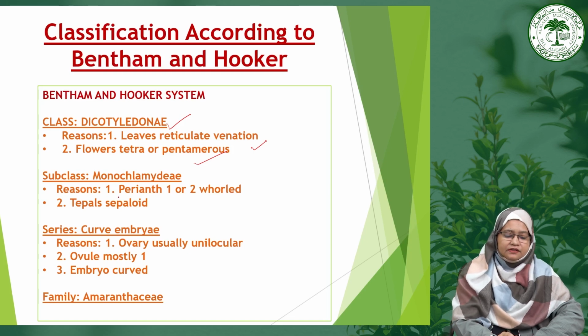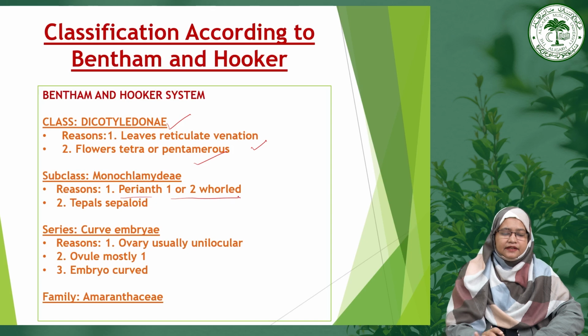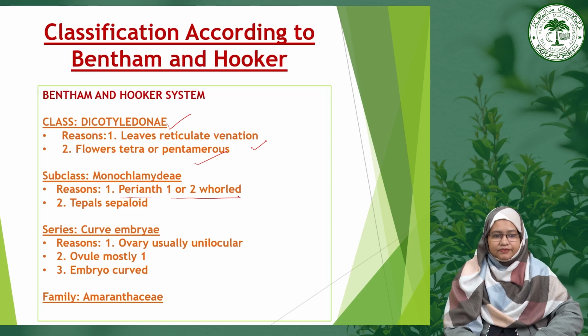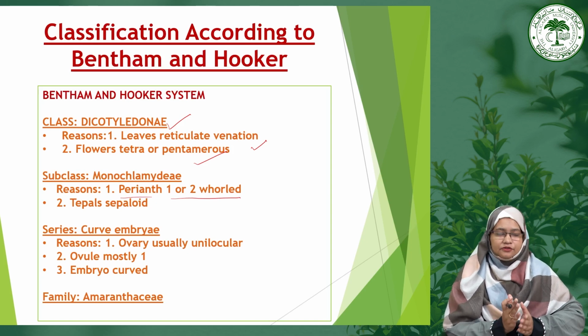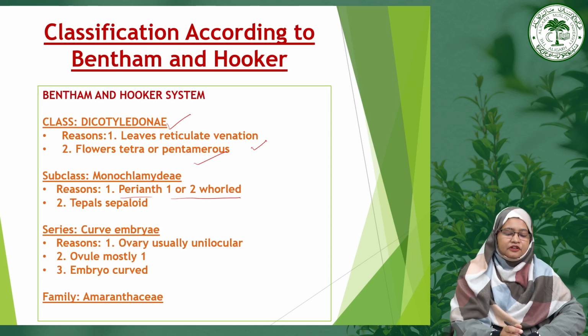Monochlamydeae means the perianth is arranged in either one or two whorls. As you know, in the Bentham and Hooker system of classification that you have already studied, Monochlamydeae are the group of plants that don't have a distinction of calyx and corolla, and they are termed as perianth. They will be present either in a single whorl or in two whorls, and the unit of the perianth is called tepals.